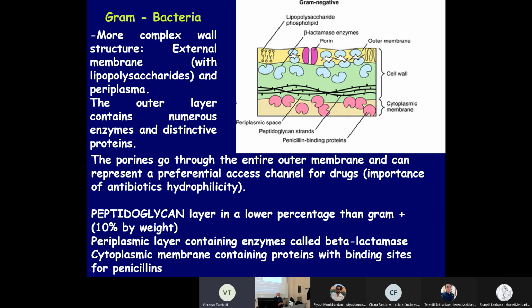So if you use hydrophilic molecules, we can use this type of channel to reach the PBP. We'll see how this strategy was applied to have wide spectrum antibiotics.